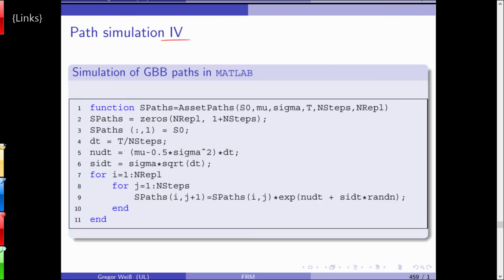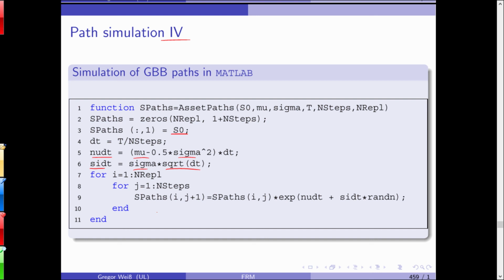It's quite simple. Remember, the log returns or the prices follow a normal or a log normal distribution. So you take a starting value, and then you look at mu dt and sigma square root of dt.